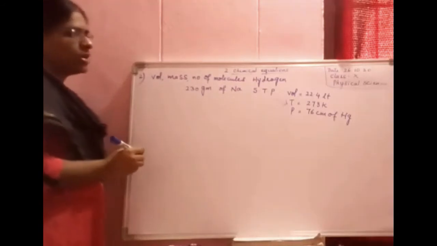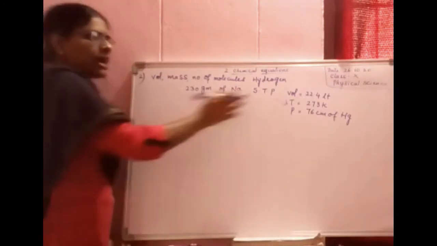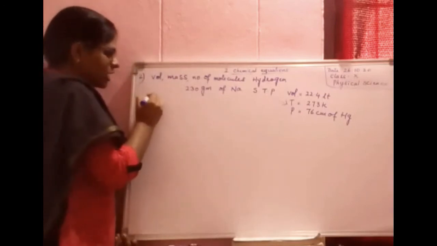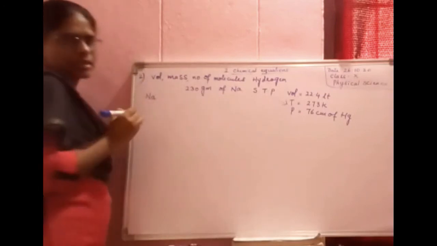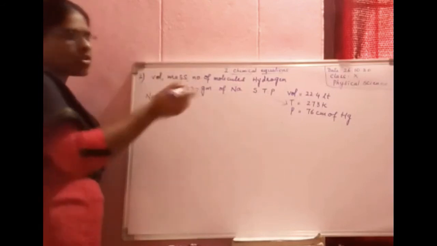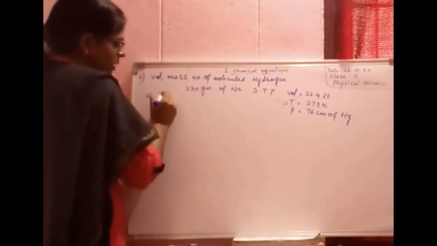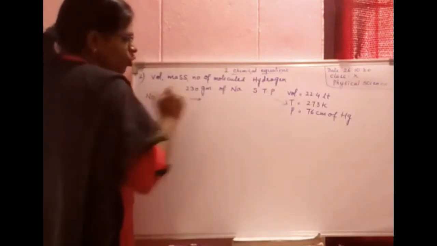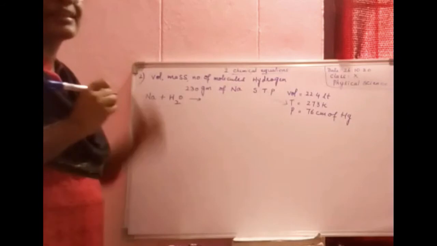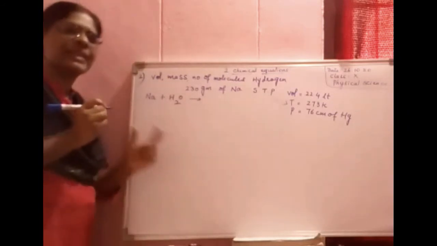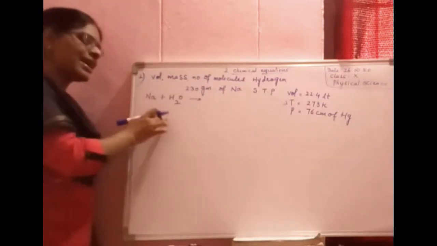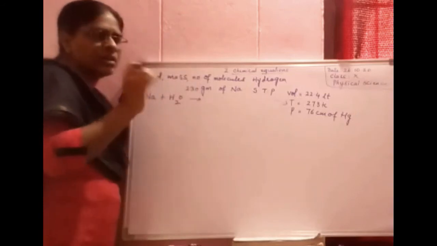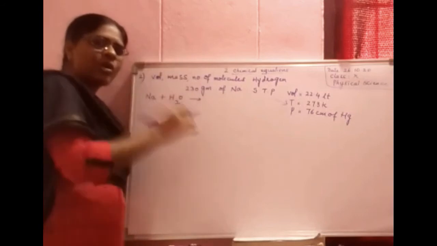Now what he is asking: under this standard temperature and pressure, sodium is reacting with what? Excess of water. What is the chemical formula of water? H2O. In the earlier problem he had given the chemical equation, but here he hasn't.